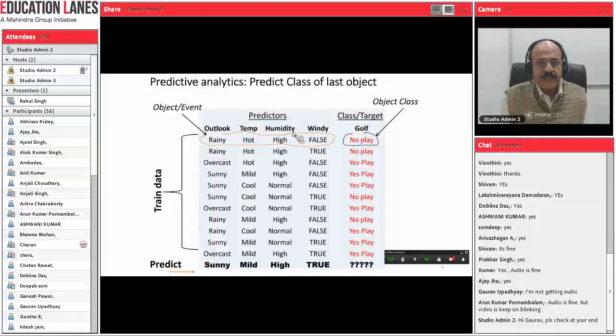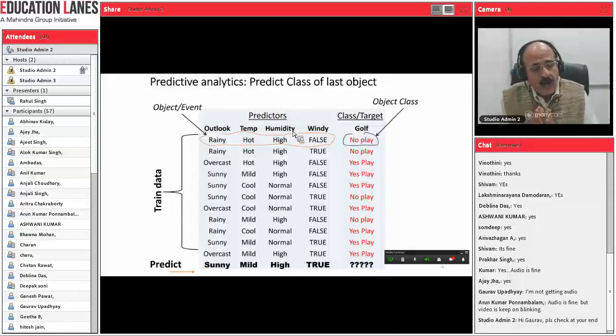There are four weather conditions: outlook, temperature, humidity, and windy. Whether it is windy or not. And then there is a target variable, whether golf was played or not played.